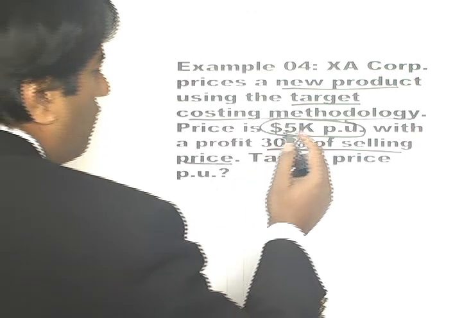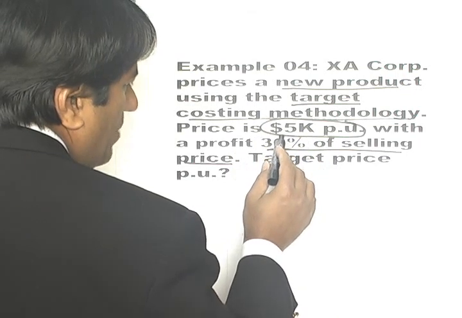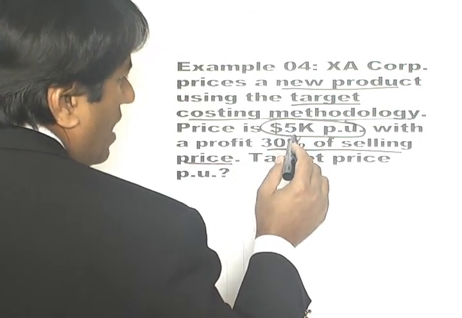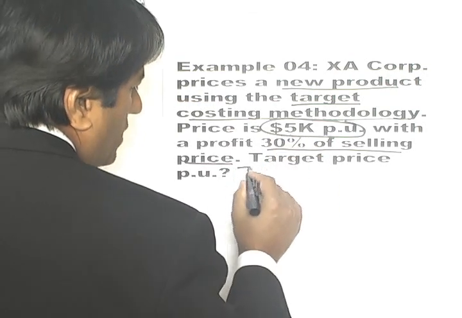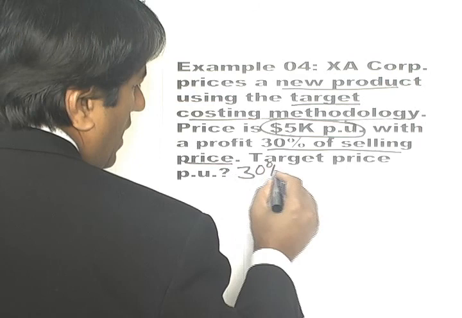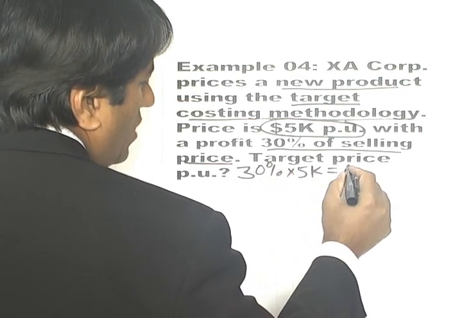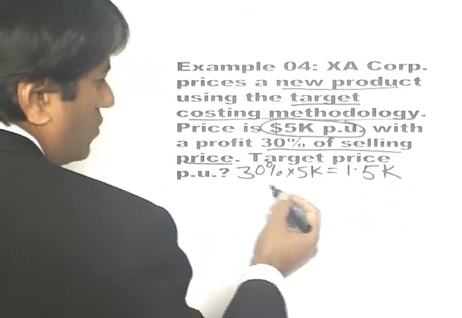Now, if there is a 30% profit in this price, and that's 30% of the price, so the profit would be 30% into 5,000, which is equal to 1.5K.